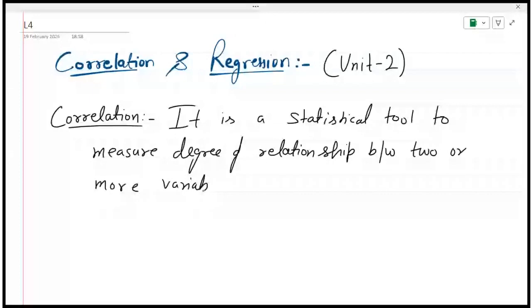We want to know how strong the relationship is between two or more variables, then we use correlation.